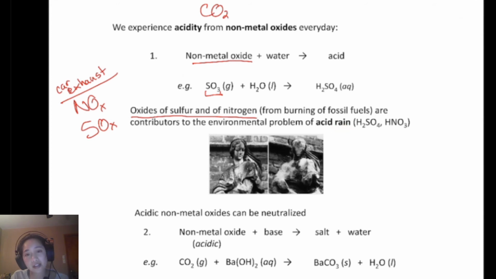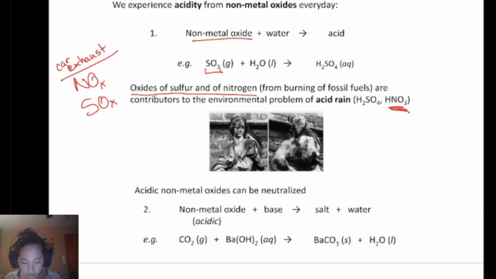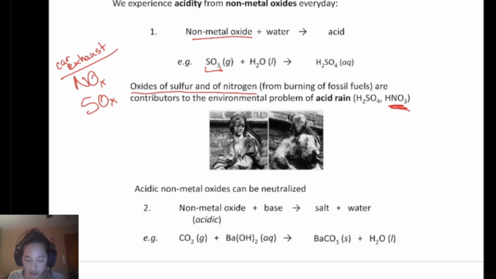So when we have SO3 combining with water, we make sulfuric acid. When oxides of nitrogen combine with water, we produce nitric acid. So those are the constituents of acid rain: oxides of nitrogen and oxides of sulfur combining with water to produce sulfuric acid and nitric acid, right? And I guess we encounter that every day. This picture is actually an example.